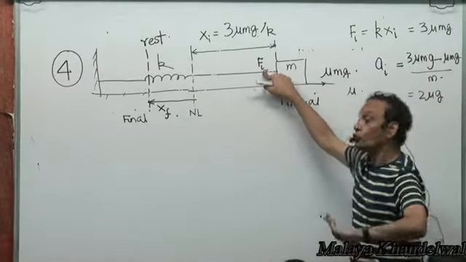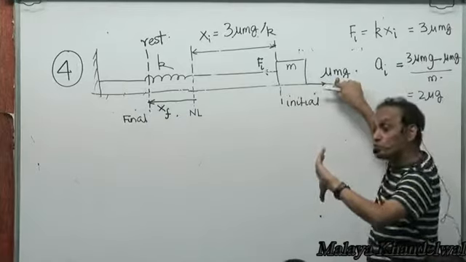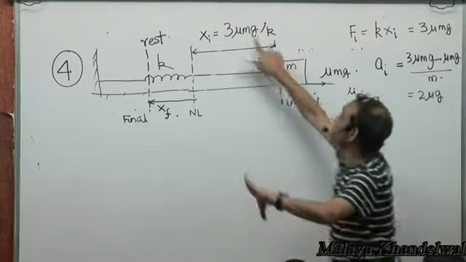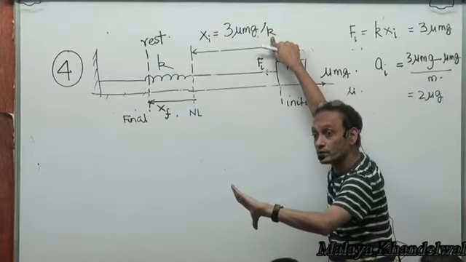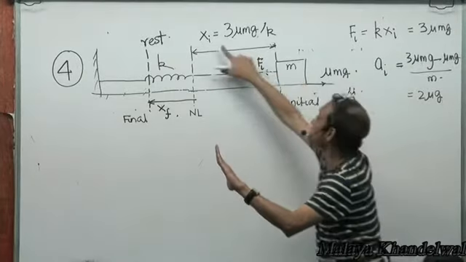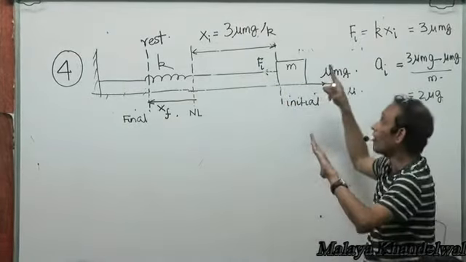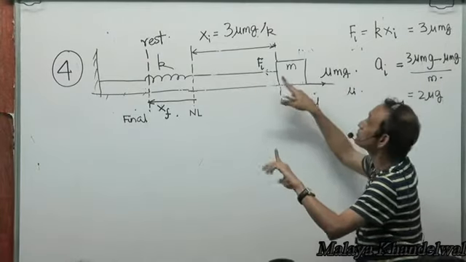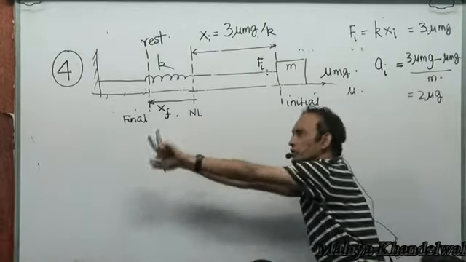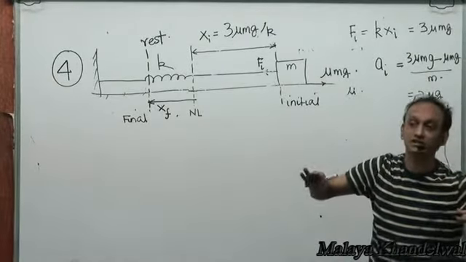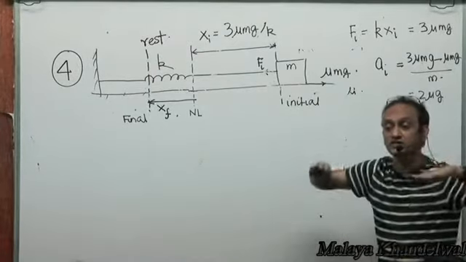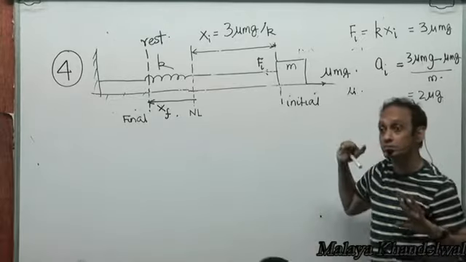But as long as the spring force was more than mu mg, spring force started with 3 mu mg, and it decreased because this xi decreased, right? But as long as the spring force remained greater than mu mg, there would be an acceleration in this direction. Even though the acceleration will decrease, the velocity will still increase. Acceleration decreases in this direction, but velocity will still increase, right?